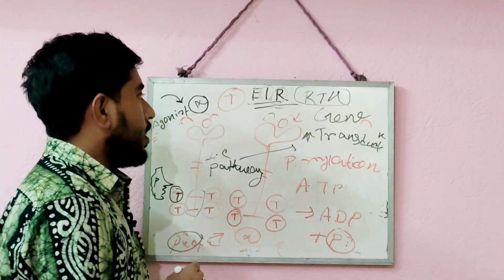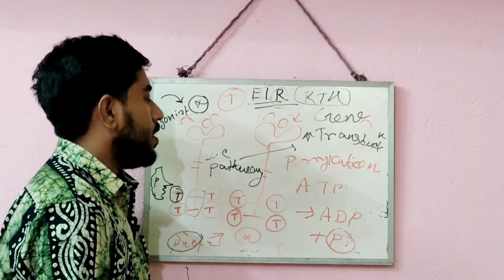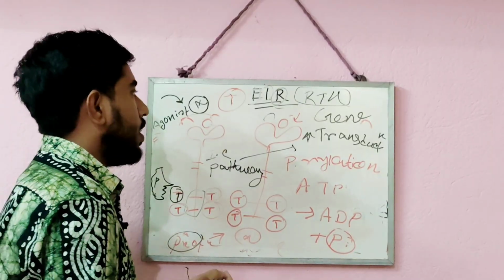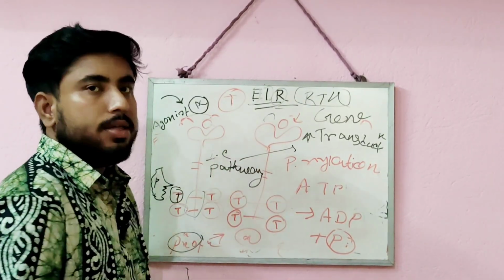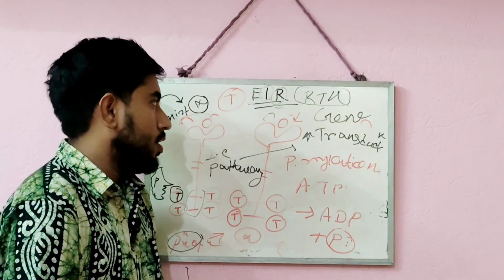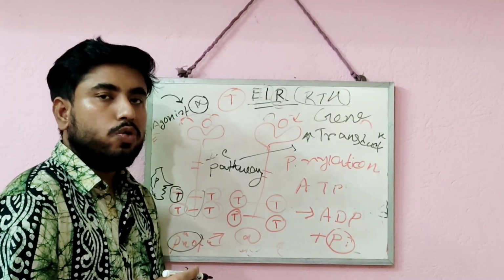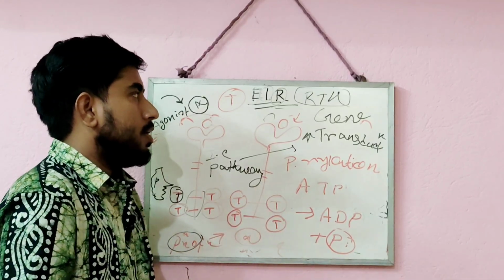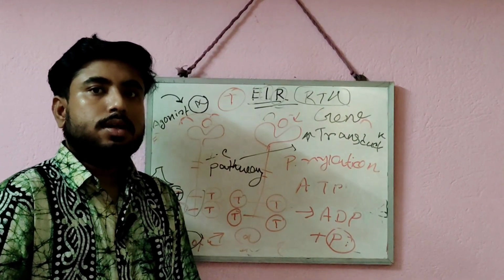So I think you all understand the enzyme-linked receptor very easily, because I explained it in the easiest way. I hope you all understand what ELR is, how it shows its action, how it binds with different drugs, how it shows the transduction mechanism, and what examples or receptors come under enzyme-linked receptors.